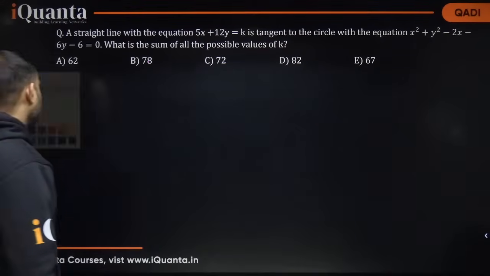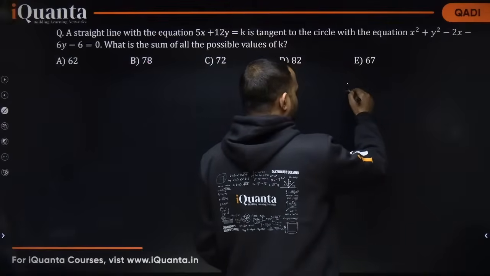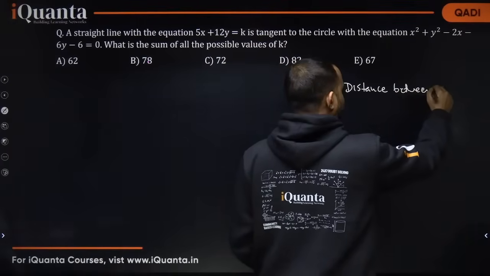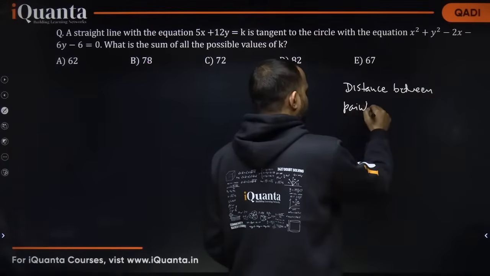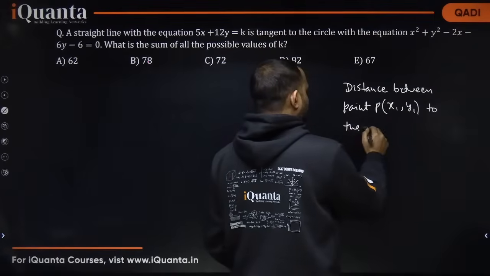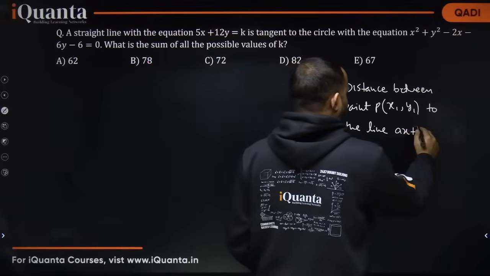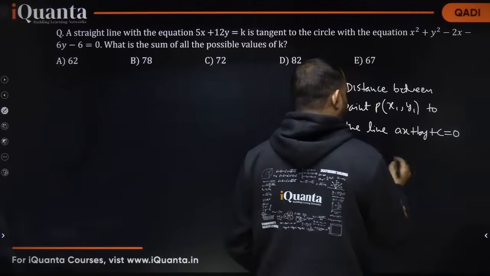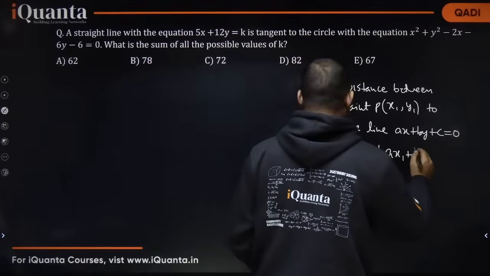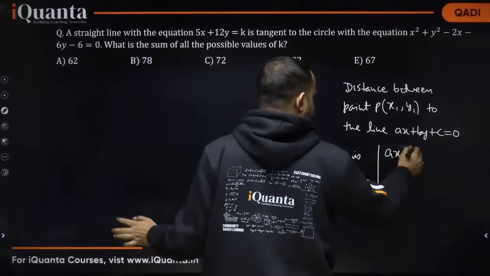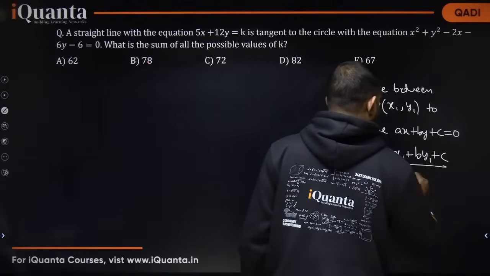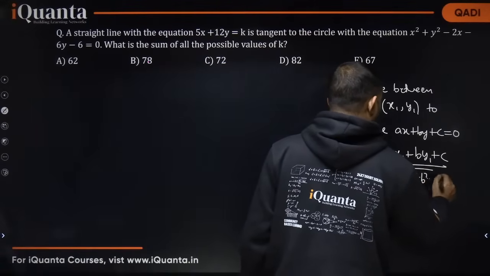Now in this question, the concept that you can use: distance between point P, which is x1, y1, to the line ax plus by plus c is equal to 0 is mod of ax1 plus by1 plus c divided by square root of a square plus b square.